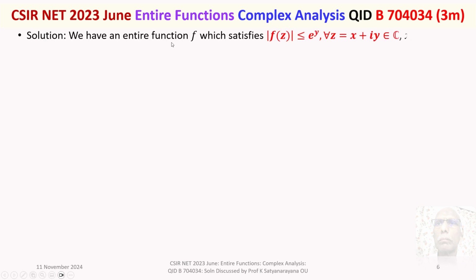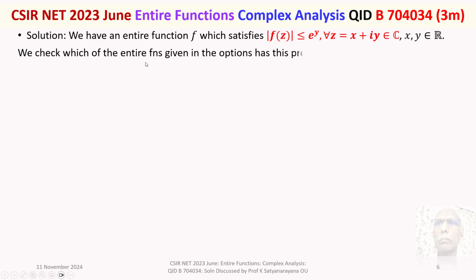We have an entire function f which satisfies this condition: mod f(z) less than or equal to e power y for all z = x + iy belonging to C, where x and y are real numbers. We will now check which of the entire functions given in the options has this property.